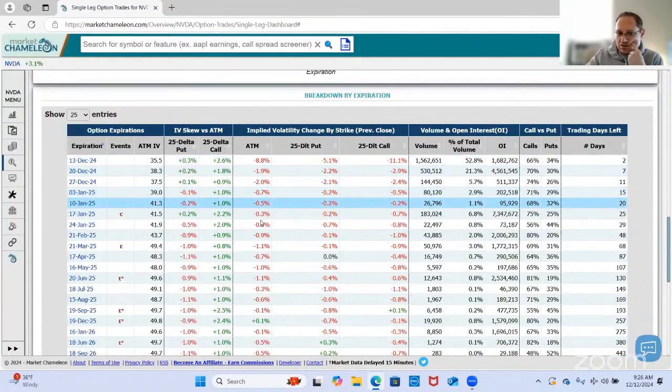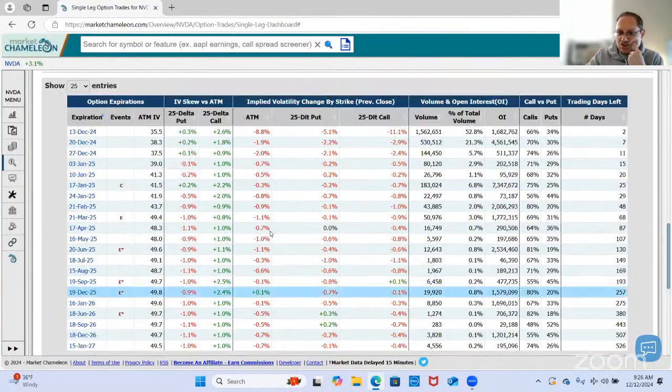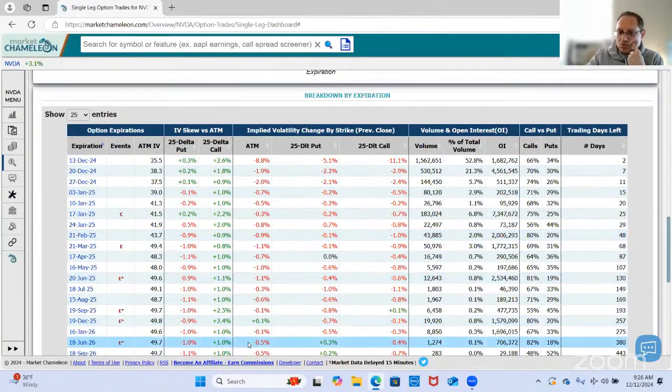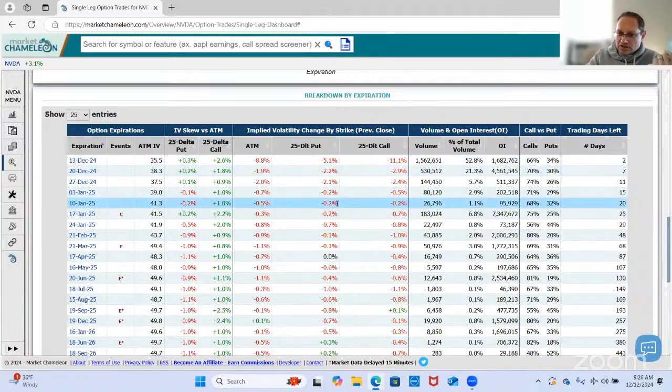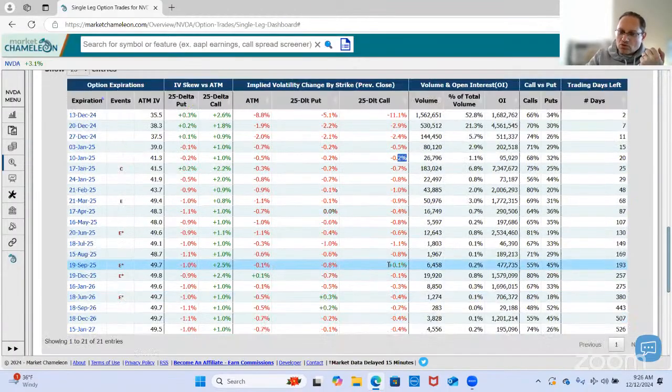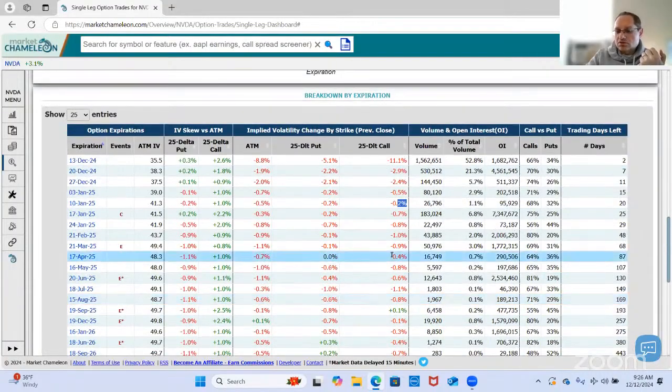And you can see here that pretty much it's gone down across the board. Then we do the same thing for the 25 delta put and 25 delta call. If we looked at that same strike from the day before, almost everywhere across the board, all the implied volatilities are lower.